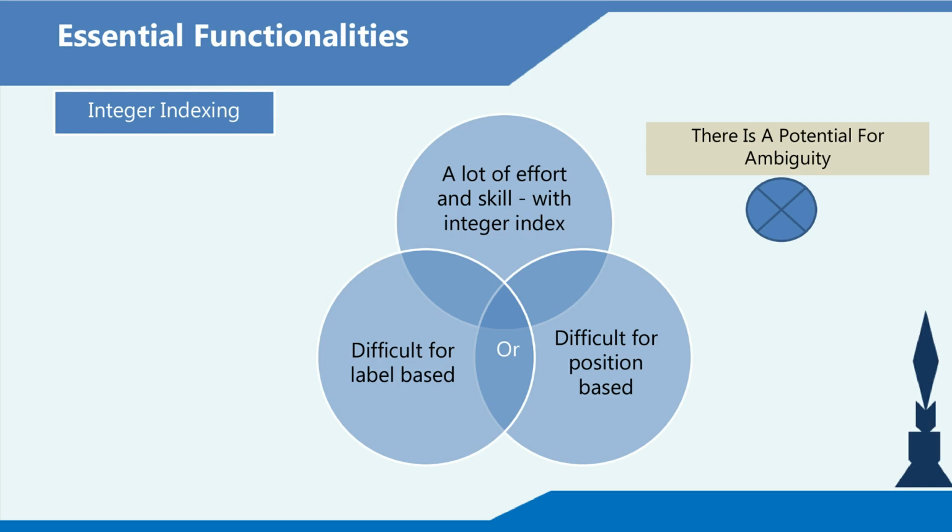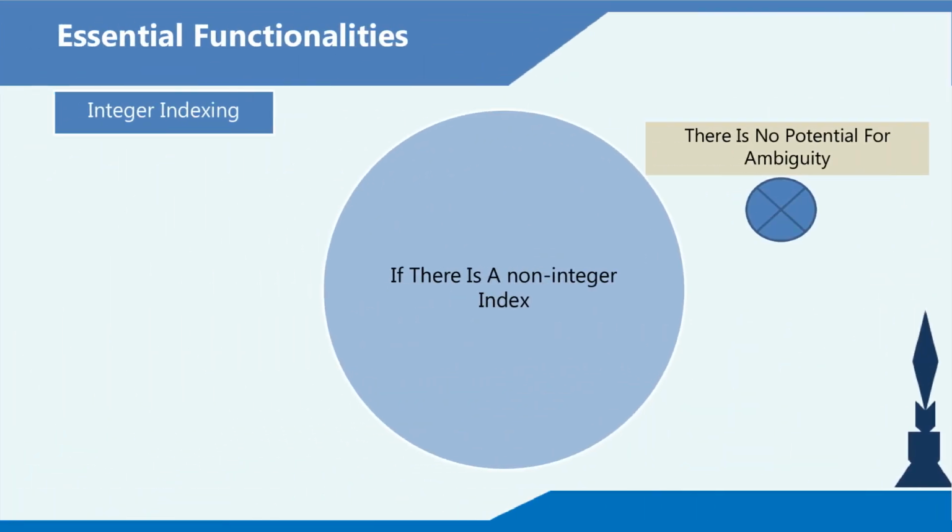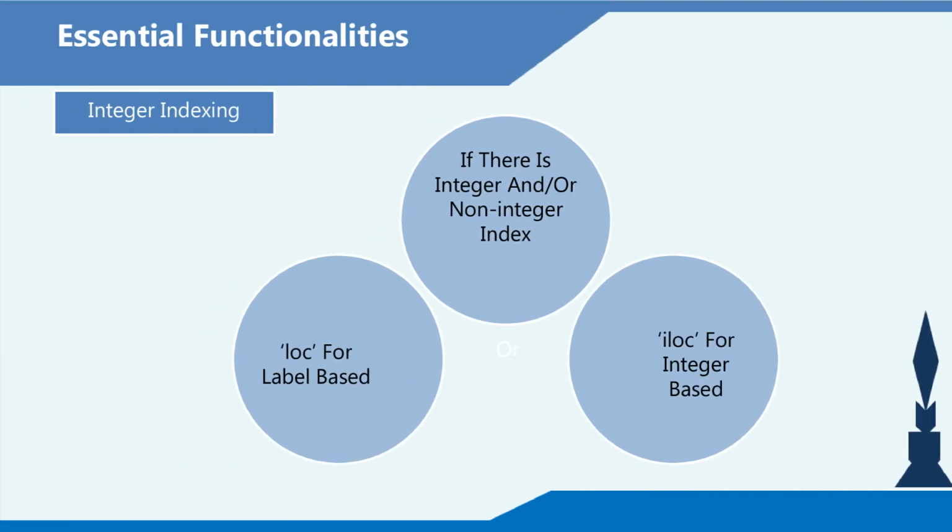With the integer index, there is potential for ambiguity. On the other hand, with a non-integer index, there is no potential for ambiguity. To keep things consistent, if we have an axis index containing integers, data selection will always be label oriented. So we can use loc for label based indexing and iloc for integer based indexing.